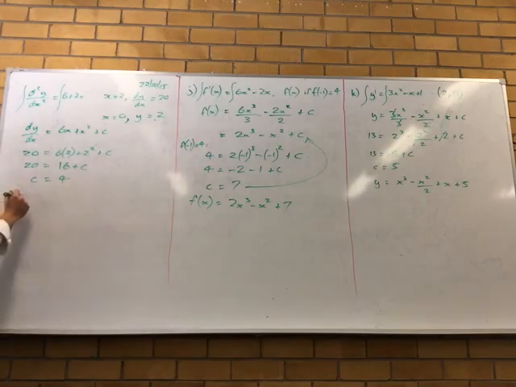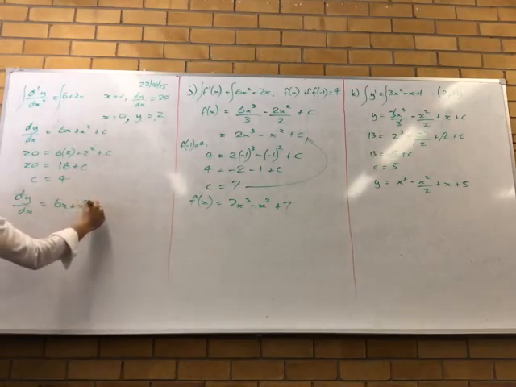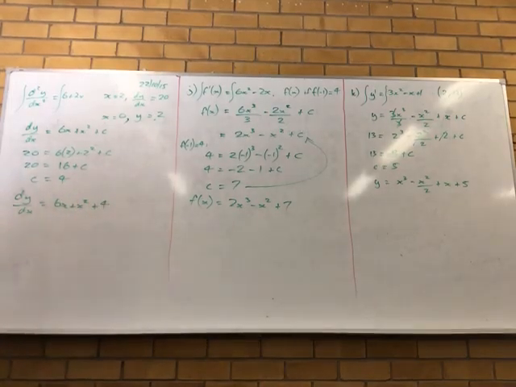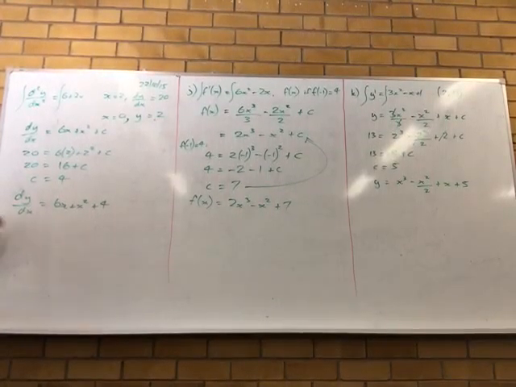Your dy dx is going to be 6x plus x squared plus the value of the constant that we just determined. That's just the first derivative function, in other words the equation for the gradient of the tangent.